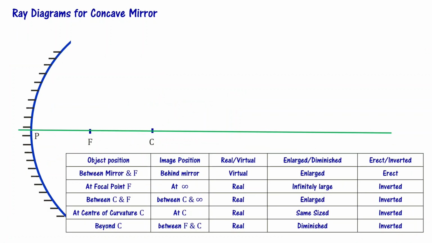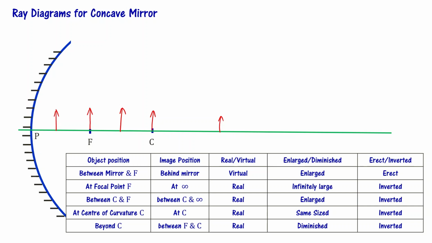Now let's note this. We have seen what happens when the object is here, or when the object is at C, when the object is between F and C, when the object is at F, and when the object is between P and F, right? In all these cases, we have seen slightly different kinds of images forming, right?